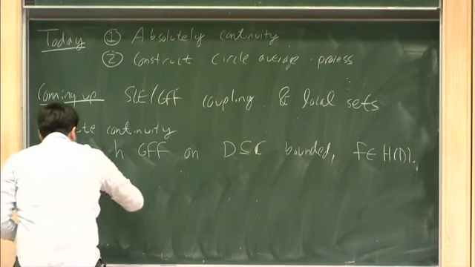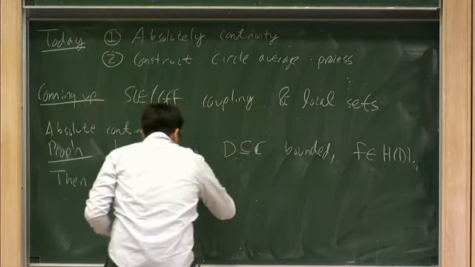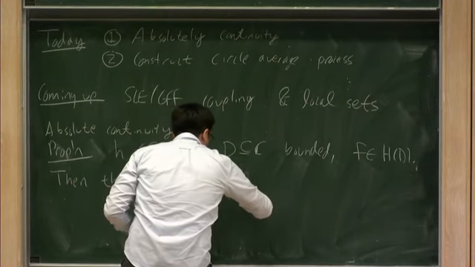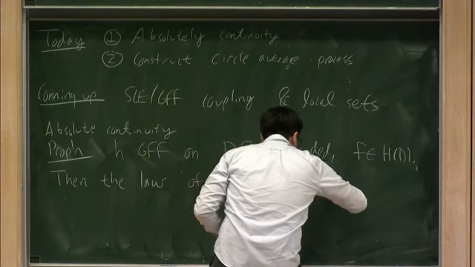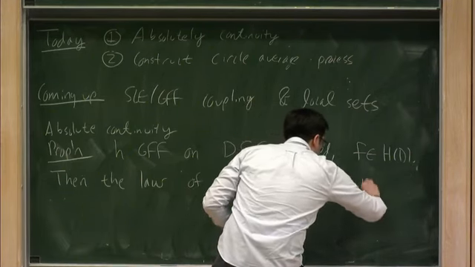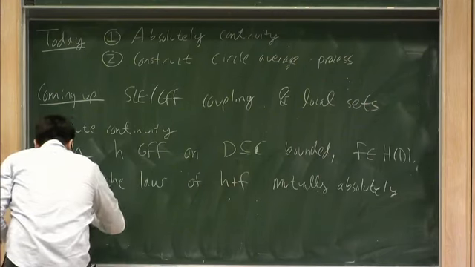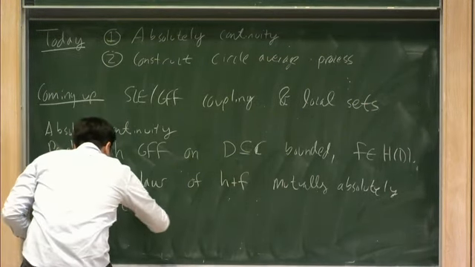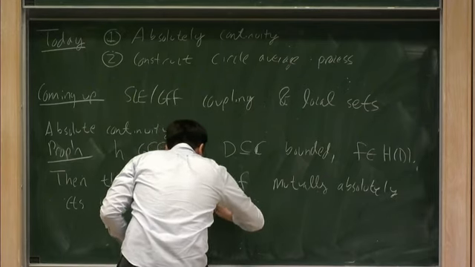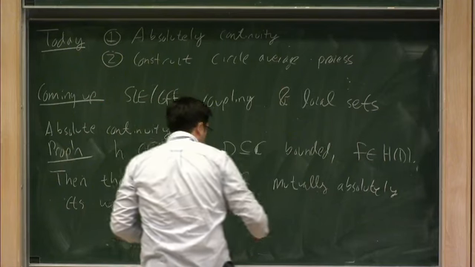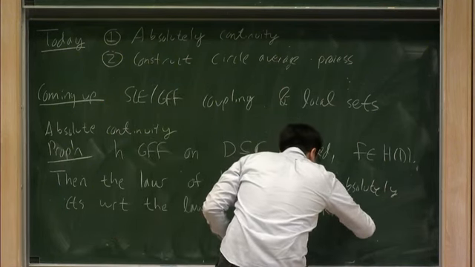Then it's true that the law of h plus f is mutually absolutely continuous with respect to the law of h, and the Radon-Nikodym derivative takes on a very simple form.